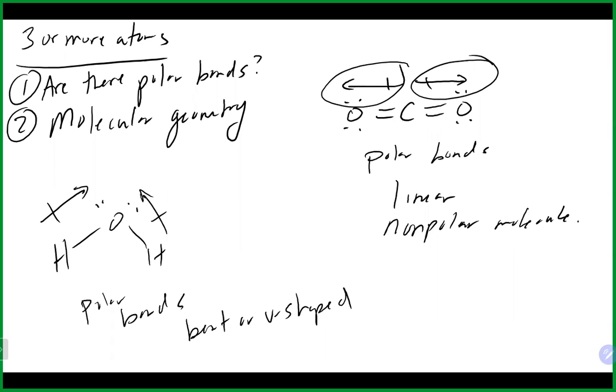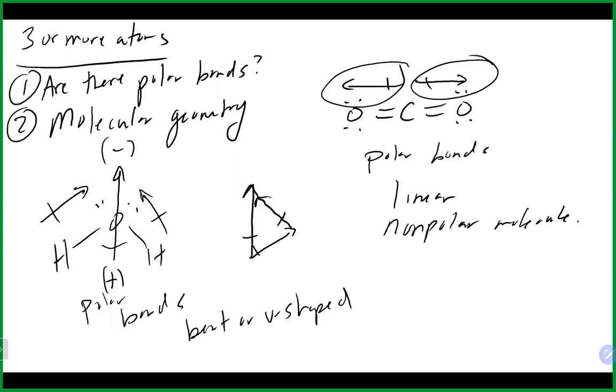The whole thing is going to move, and they actually will add to each other, and you'll get a net dipole moment right there through the oxygen, where the oxygen side of water is more negative. The hydrogen side of water will be more positive because of that. By the way, you add vectors like this, head to tail. Then the net heading in that direction is how we do that.